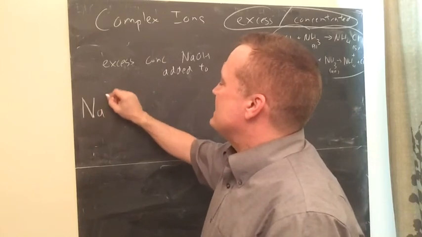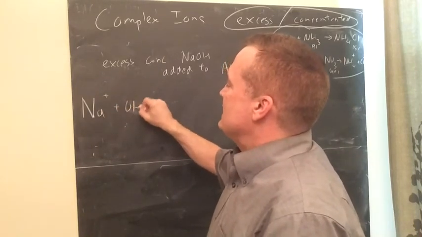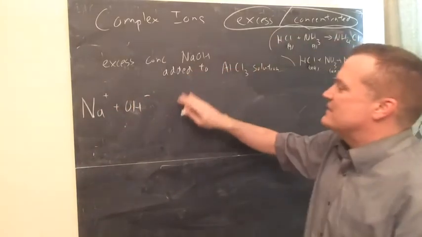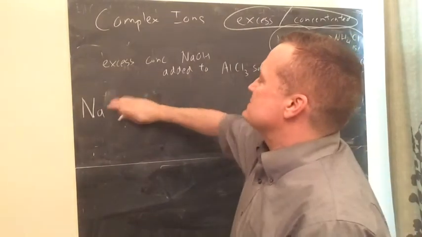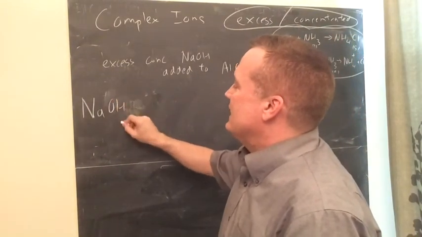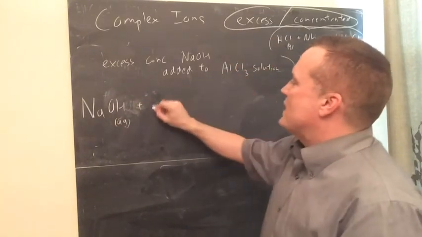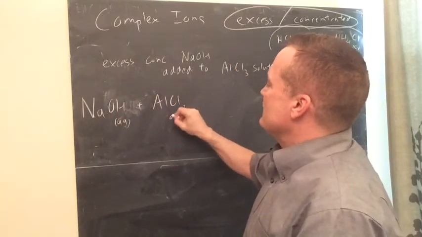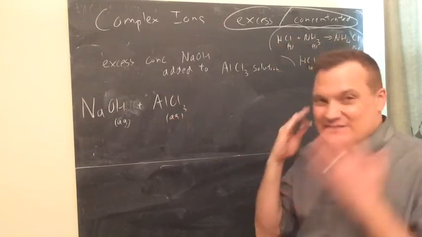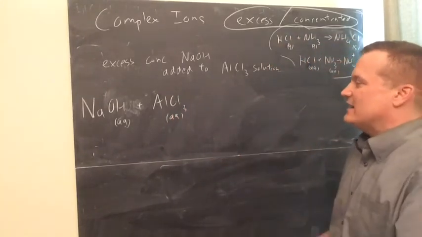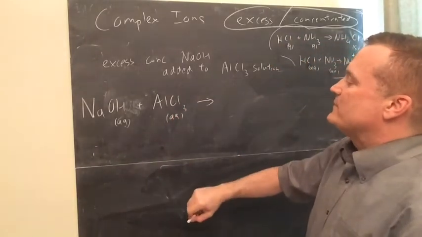So you have sodium hydroxide. It's aqueous. We know that because, well, let me see. I do this a lot. I'm thinking my shortcut way, but NaOH is aqueous. You want to think about that. Aluminum chloride is also aqueous. So you don't have to write this step down, but I like to just know that when I write my net ionic. The main thing is what's going to be formed.